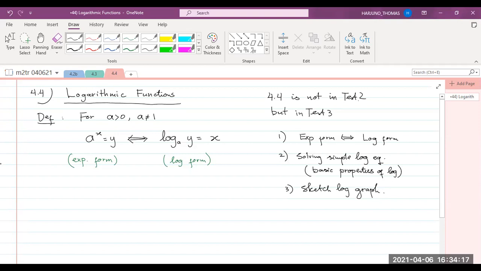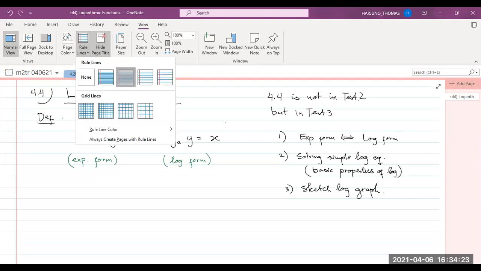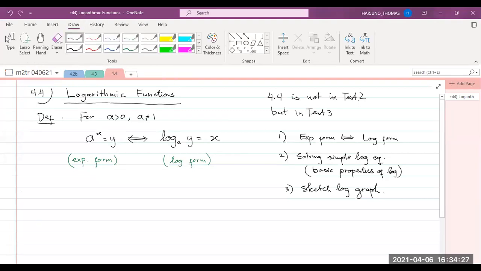Okay, now let's take a look at a problem from our textbook. This is a good view already. Okay. So for example, number one.